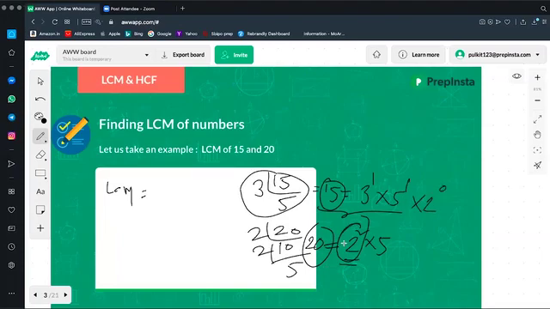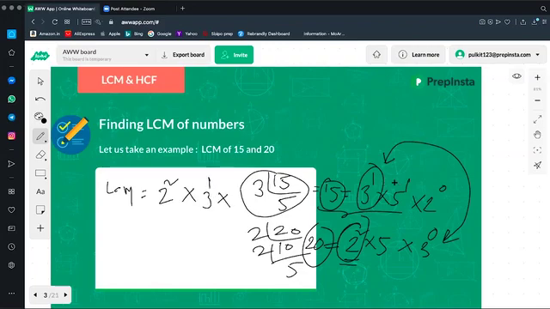Here it is 2 square. So the maximum power available is 2. So I'll take 2 square. Similarly, the next number is 3 to the power 1. So let us consider it is 3 raised to the power 0. What is 3 raised to the power 0? It is 1, right? So hardly matters. So what is the maximum power in both the cases? 1. So I'll take 3 raised to the power 1.